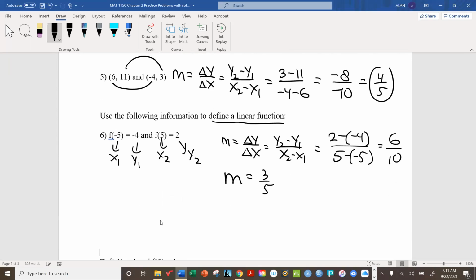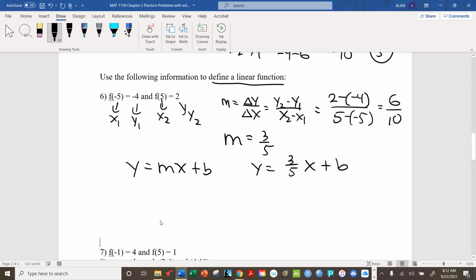So now to find the entire equation, you can write y equals 3/5 x plus b. Now you can pick either point and plug it in here. Let's pick the first one. x1 is -5, y1 is -4.